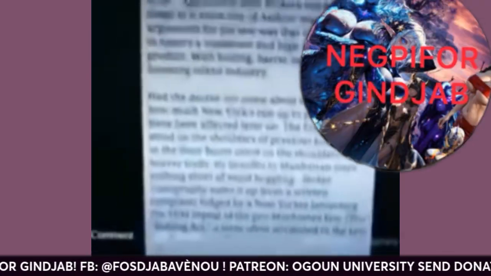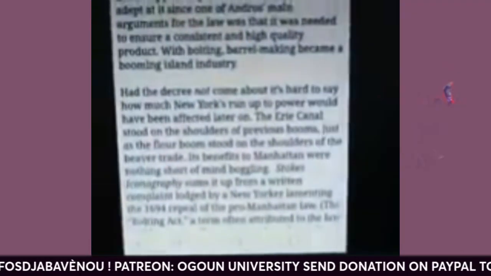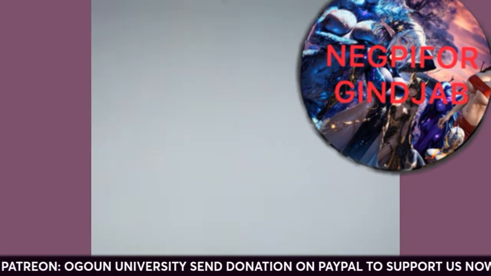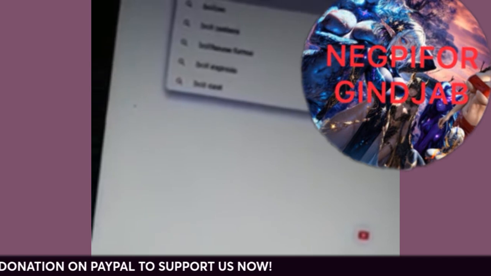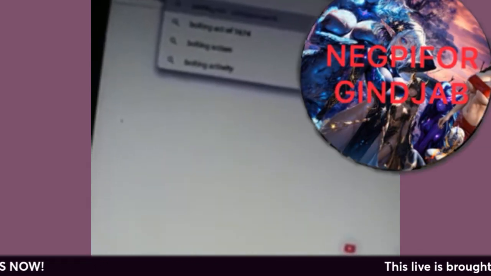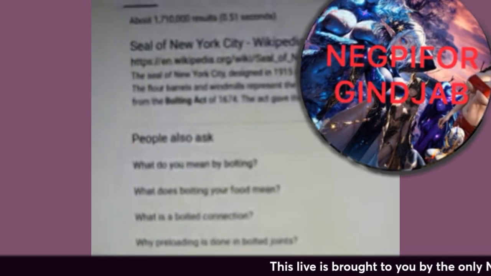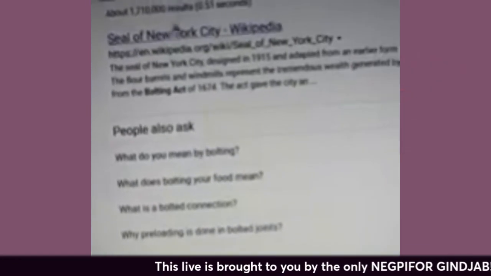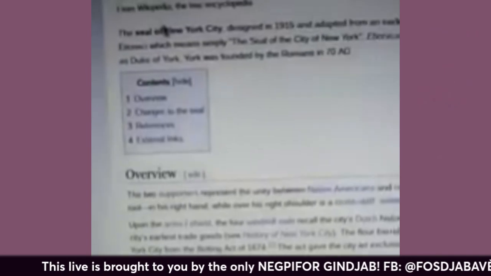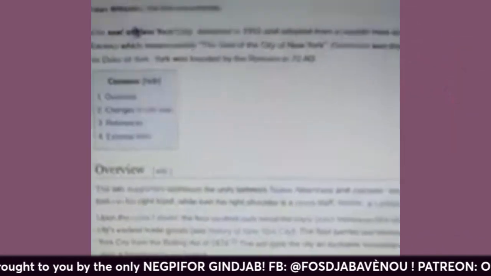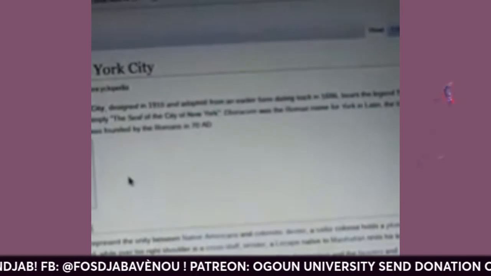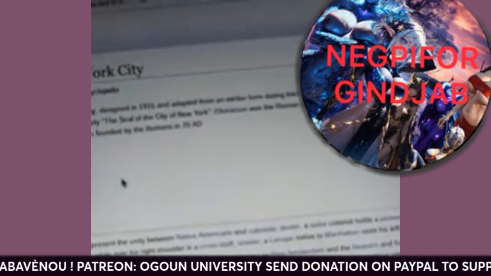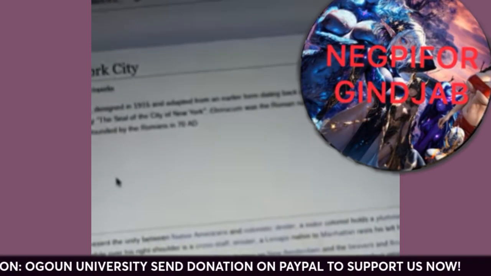So now we got to find out what the Bolting Act is in order to know how accurate we are getting on this. The Seal of New York City, designed in 1915, adapted from... yeah, that's it.